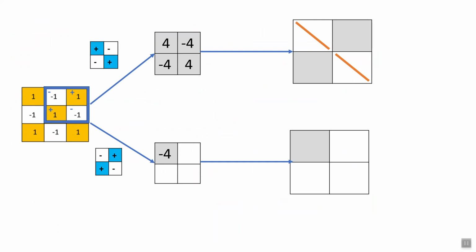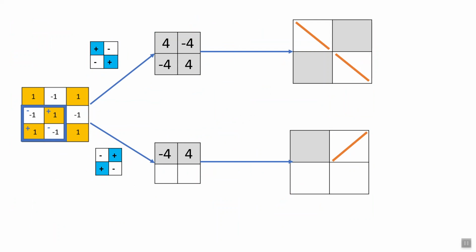We can move ahead to the next value: minus of minus 1, plus 1, the third element is plus 1, and minus of minus 1. So the total value gives plus 4, the maximum value. It did find the diagonal, because this filter is for the forward diagonal.